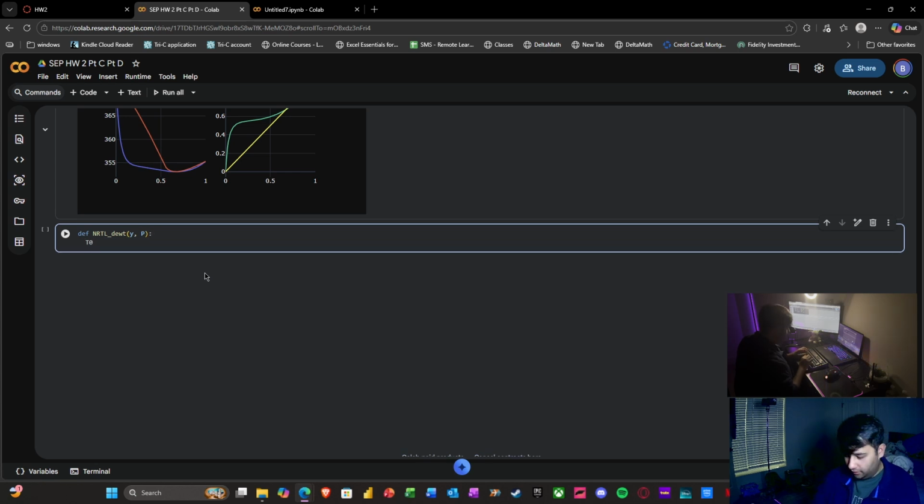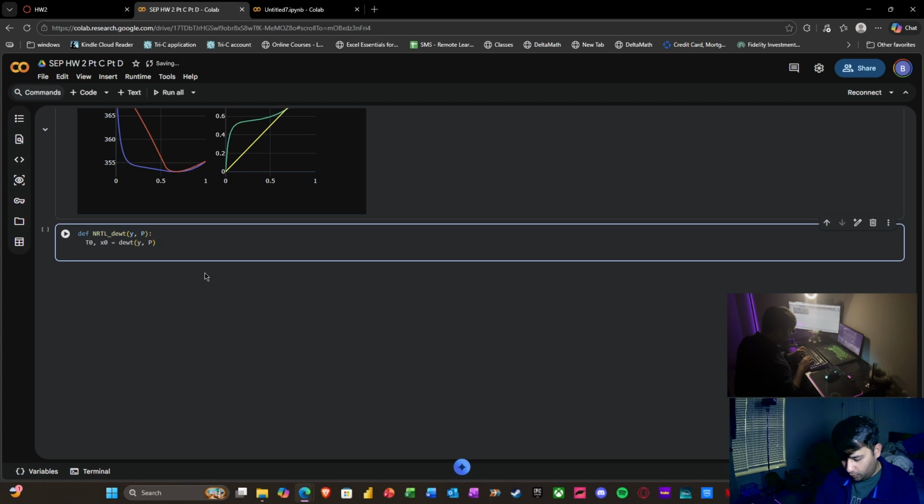Then we will define our T initial and X initial, which is our dew temperature with respect to Y and P, and then we'll have our V initial value.